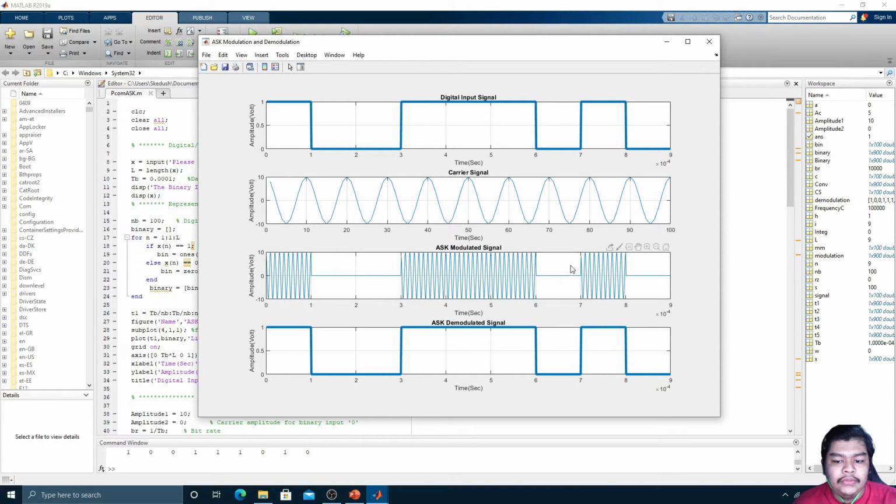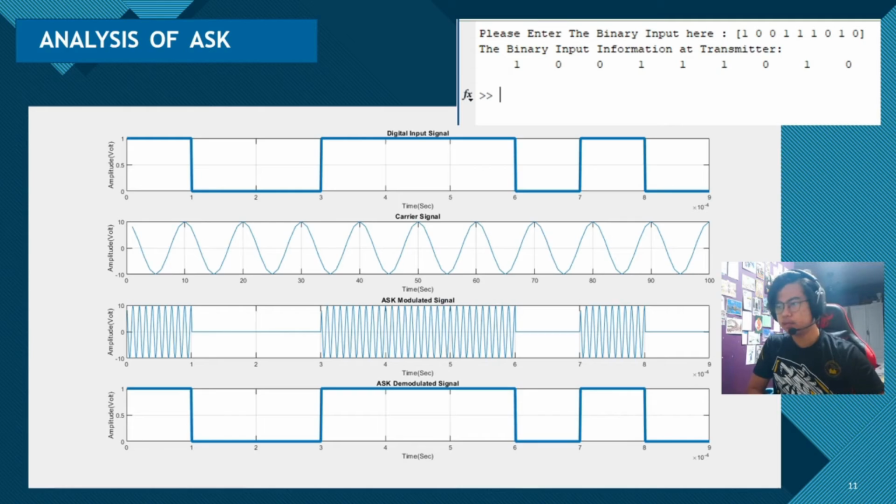After that, we demodulate the signal from the ASK modulated signal, so we get back the same as the digital input. Here we got the ASK demodulated signal. That's all for me.